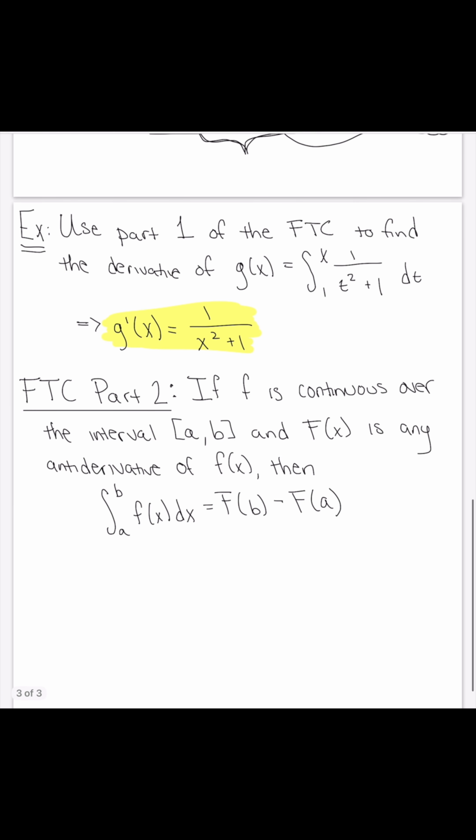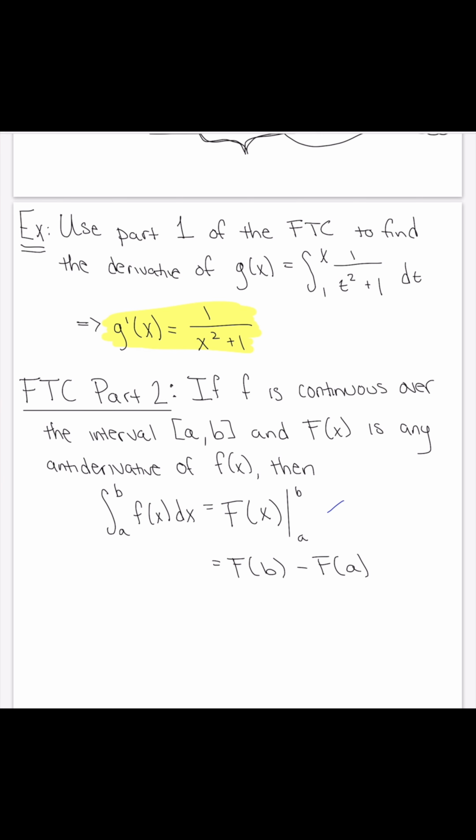So before we write this, commonly you'll see that we take the antiderivative, capital F, and then we do this long bar, and then we put a and b, the limits of integration there. And that just means you plug in b first into capital F, and then you plug in a and you subtract them. So I just wanted to show you that notation. It's often used to signify that.